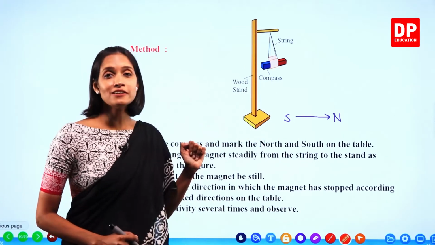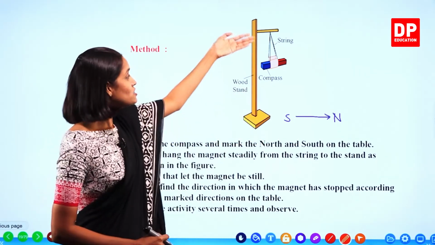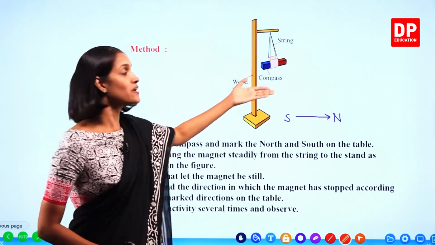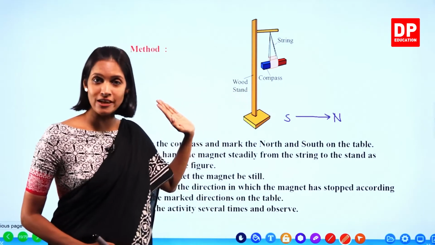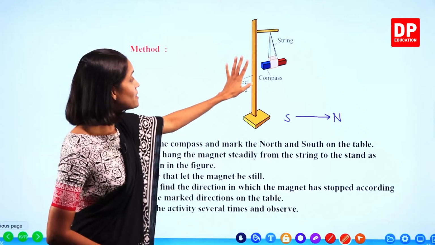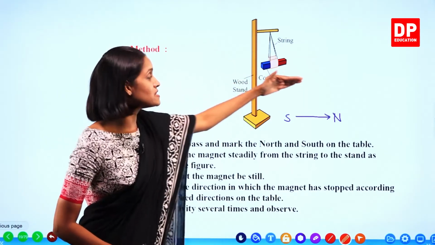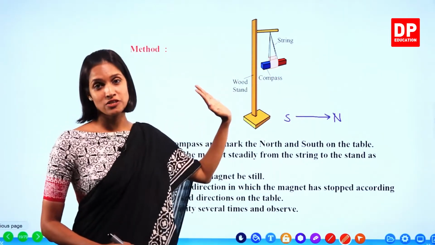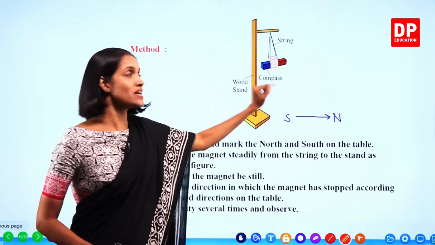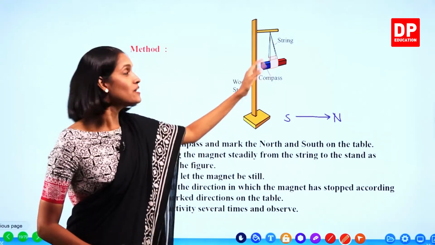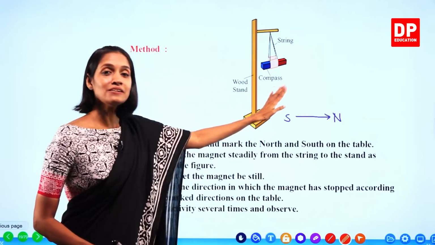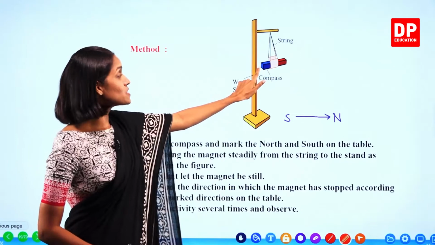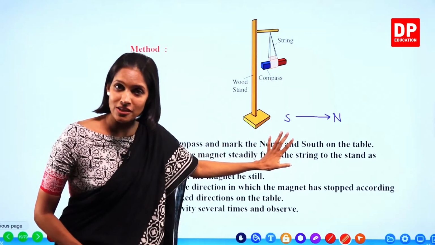What happened, children? You all observed that it always becomes still as the two poles, two ends, face towards north and south directions. Do you remember what happens? The red side was always facing the north direction and the blue side was always facing the south direction. No matter how many times I rotated this one, when finally it became still, always the red side faced towards the north direction and the blue side faced towards the south direction.